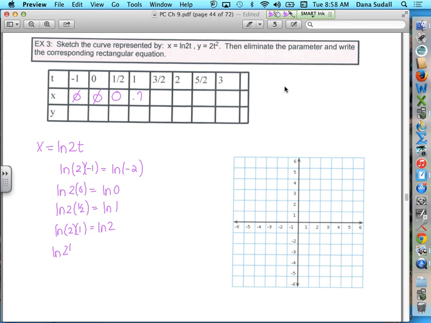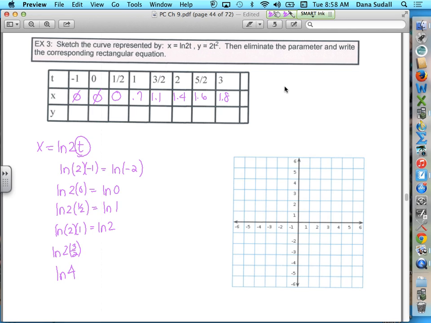Ln of 2 times 3/2 would give us natural log of 3, which is about 1.1. If I plug in 2, I'll have ln of 4, and ln of 4 is about 1.4, 1.6, and about 1.8. So just plug in those t values up here, multiplying by 2 and taking the log of that.